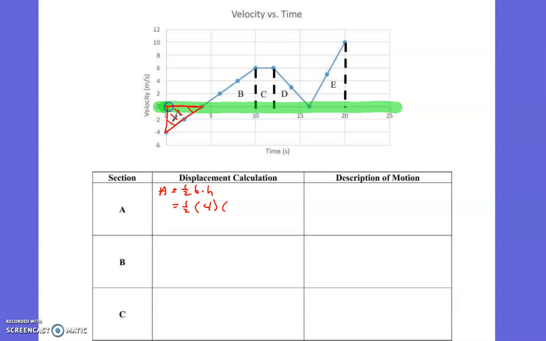And the height is 0 to -4, so this is a negative height. This comes out to be -8 meters. Now you notice that this area is below the horizontal axis, so this is a negative area. This simply means that the object is moving to the left during this section.